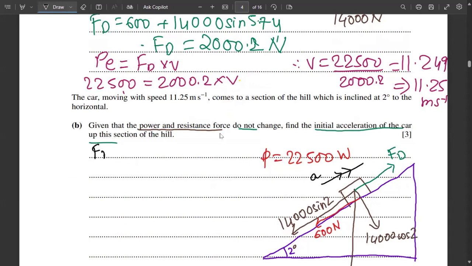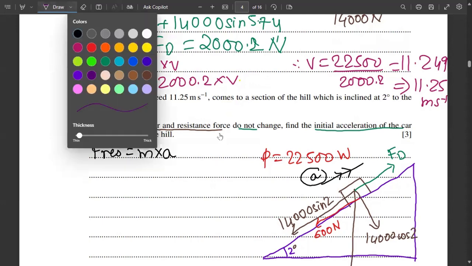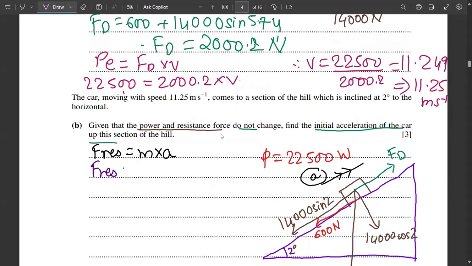Now we'll go again. F resultant is equal to mass into acceleration. Can we equate this to 0 now? No, because there is acceleration now. So what will F resultant be? F resultant will be the mass, which is 14,000, into some value of acceleration. But what will the F resultant also be? F resultant will be FD minus 14,000 sine 2 minus 600.